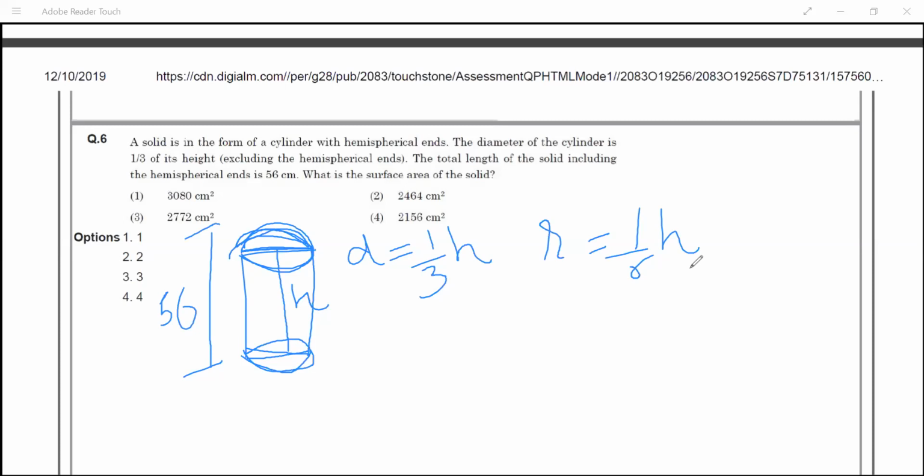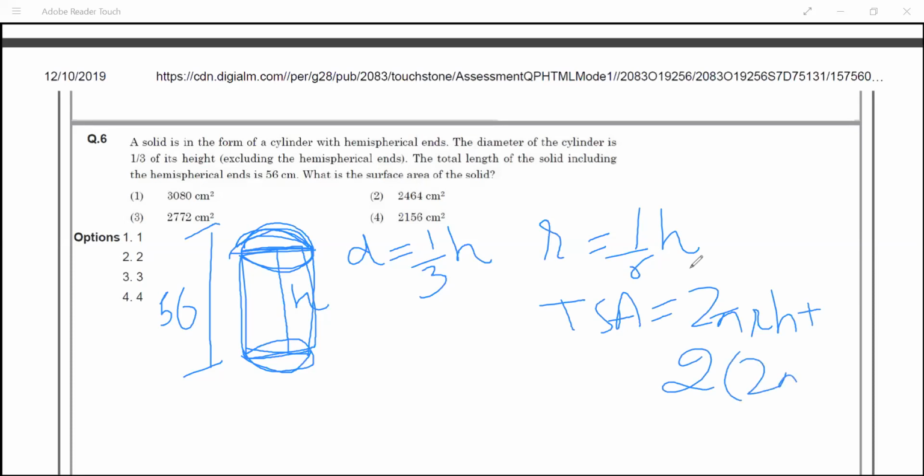When they haven't mentioned whether we have to calculate curved surface area or total surface area, we will find out the total surface area. So the total surface area of the cylinder is equal to 2 pi r h plus 2 multiplied by 2 pi r square.